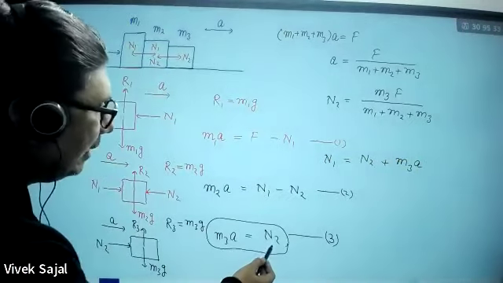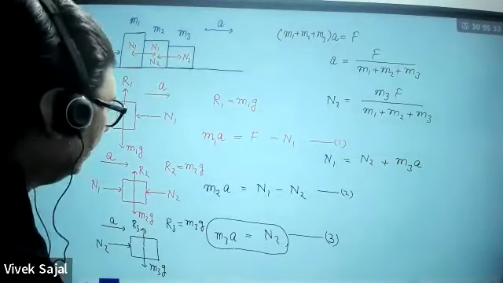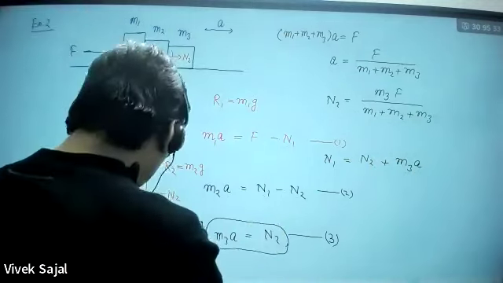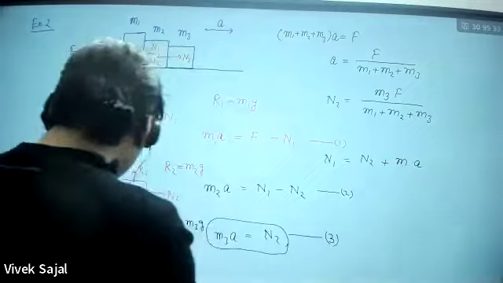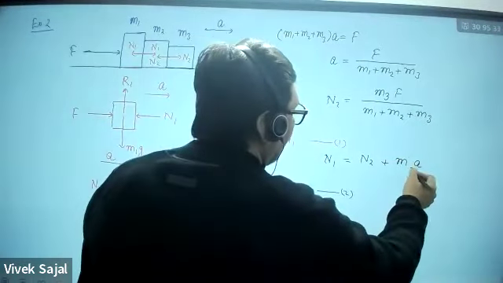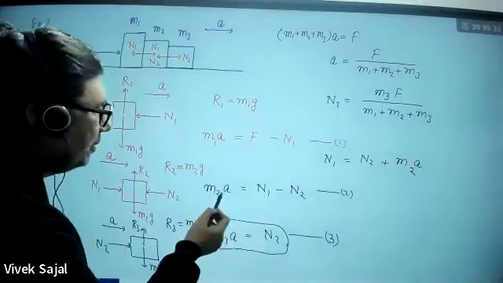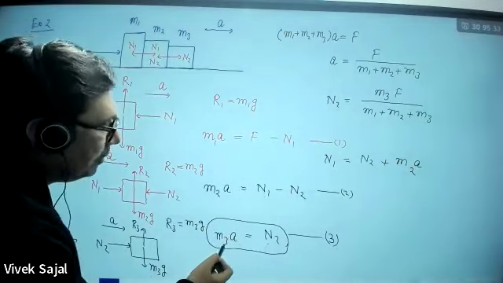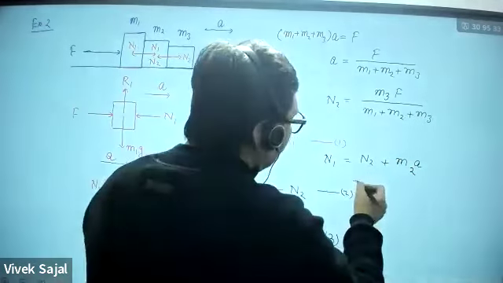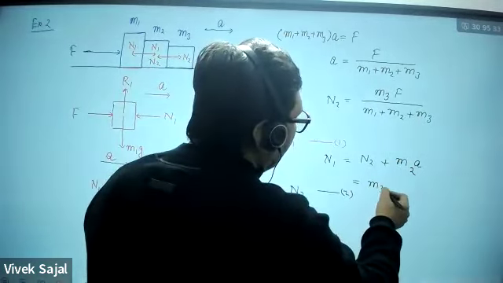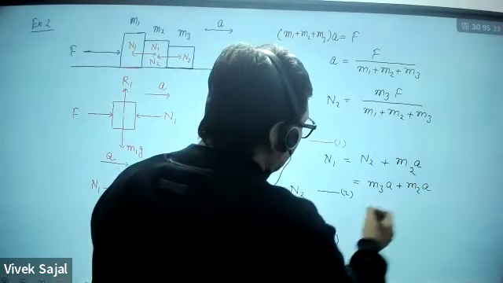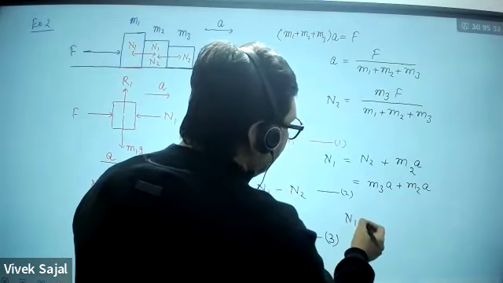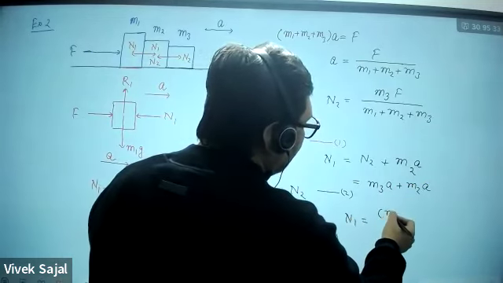Now look, what is N2? N2 is M3A. So if I write M3A here plus M2A, so N1 will be M2 plus M3 into A.